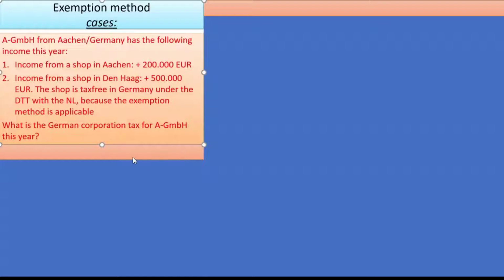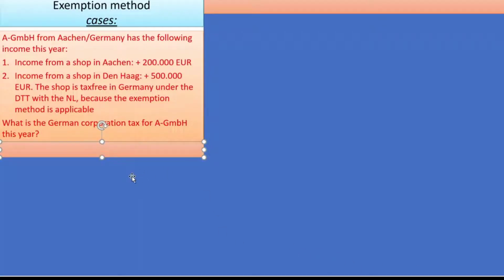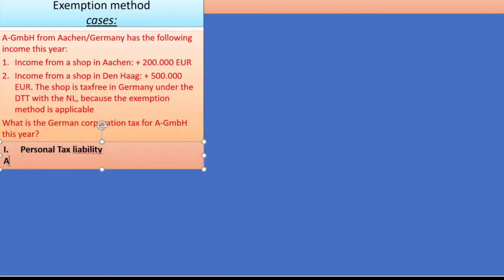Okay, so we will do the usual thing and begin with the personal tax liability. And here we see that a GmbH is a juridical person.